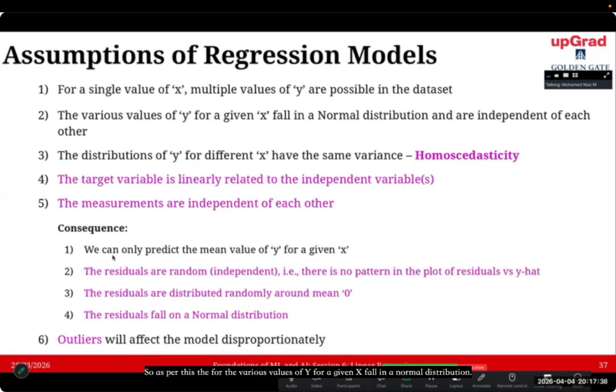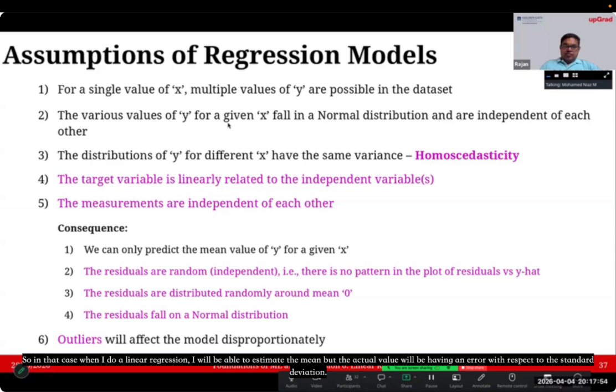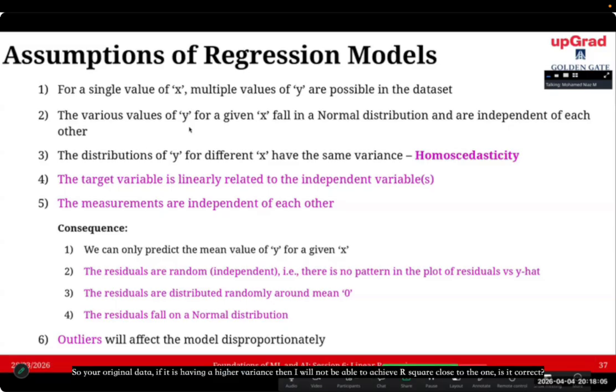As per this, the various values of y for a given x fall in a normal distribution. So let us assume that it is forming a mean and a standard deviation. When I do a linear regression, I will be able to estimate the mean, but the actual value will have an error with respect to the standard deviation. So if the original data has a higher variance, then I will not be able to achieve R square close to 1. Is it correct?